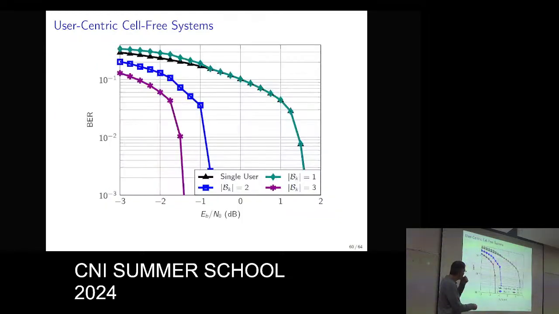The performance of this scheme is also quite good for the user-centric case. So here we have the performance of a single user as a benchmark. And then we have the performance of a site that's being seen by 2 places.